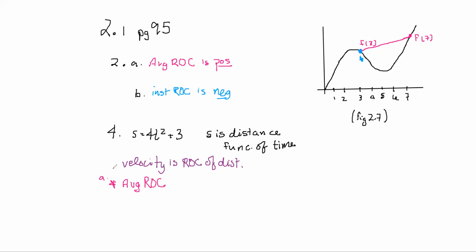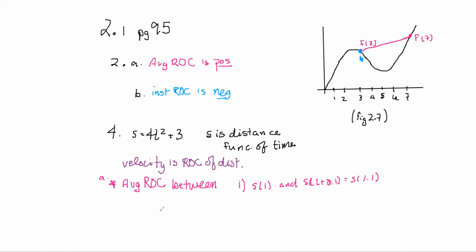So this is part A. It's asking us to find the average rate of change between, in part A1, S of 1 and S of 1 plus 0.1. So let's go ahead and do that just to start with.